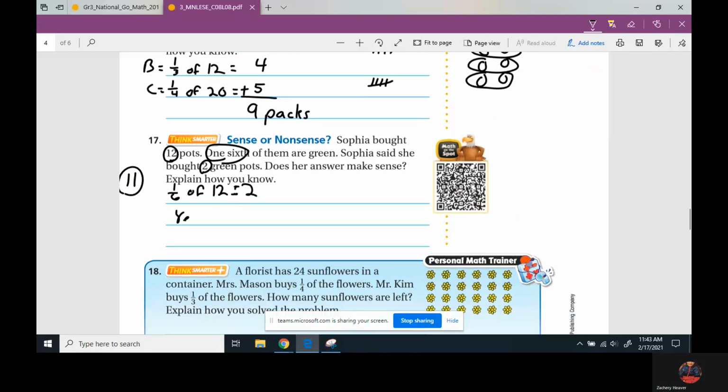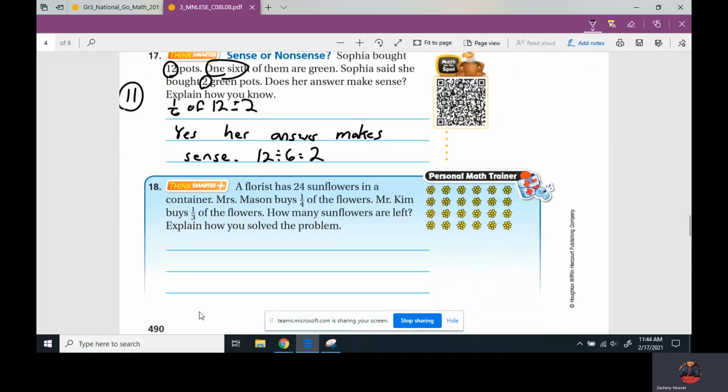So yes, her answer makes sense. Explain how you know. 12 divided by 6 equals 2. Give you a second to write that. Pause it if you need a copy.